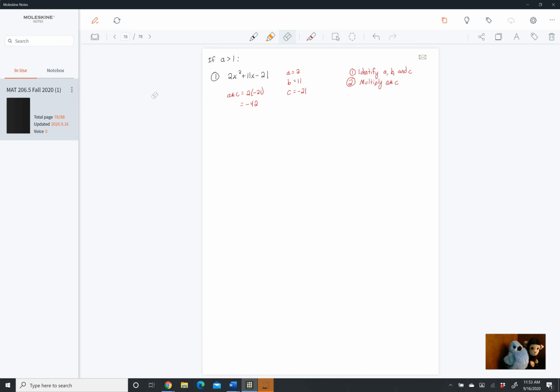Okay. The next thing that you're going to do is you're going to come up with two numbers. This is the same thing as before. Instead of multiplying to c, they're going to multiply to a times c. Okay. And two numbers that add to b. So we have two numbers that should multiply to -42, and they should add to 11.